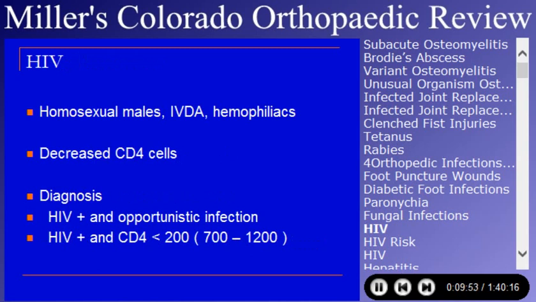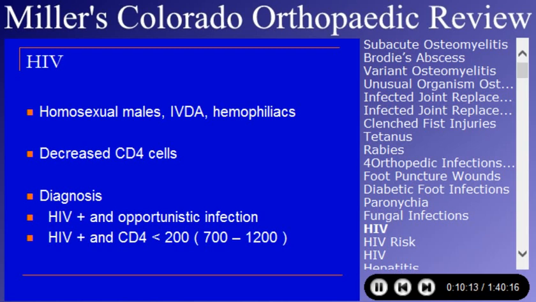HIV, you are going to get questioned on somehow or another. It is not only common, but it is politically favored. And you are going to get questions on HIV. There's a recent article again in the journal on HIV.